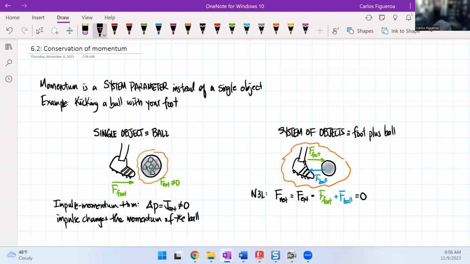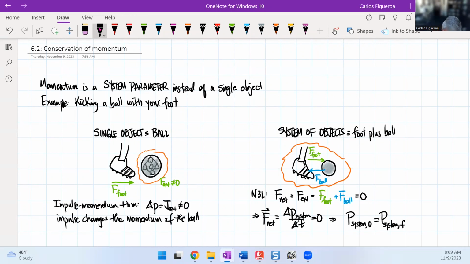So when this is 0, then the net force is equal to the change in momentum of the system, and this is 0, which then means that the momentum of the system initially is the same as the momentum of the system in its final state.